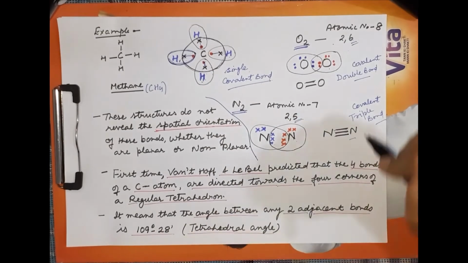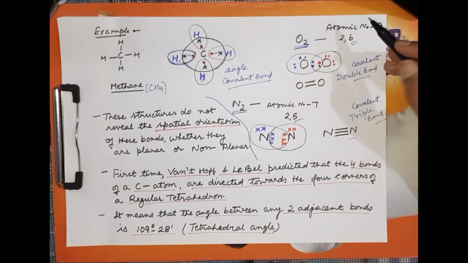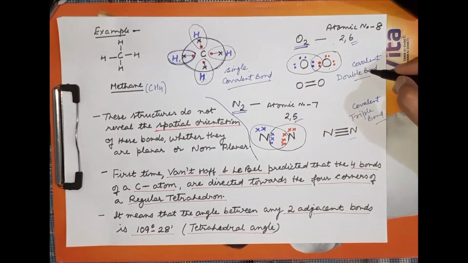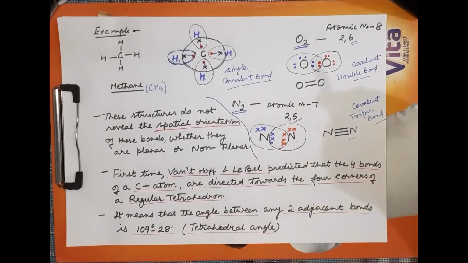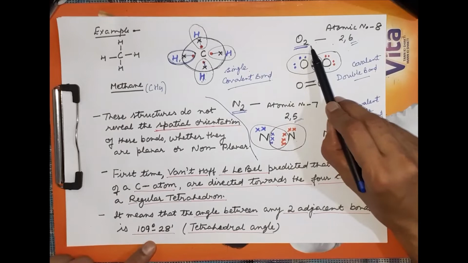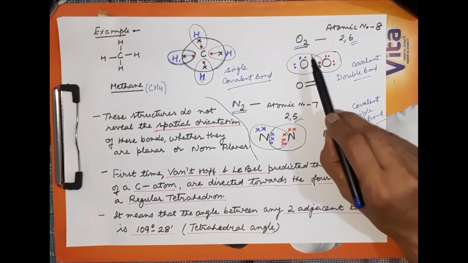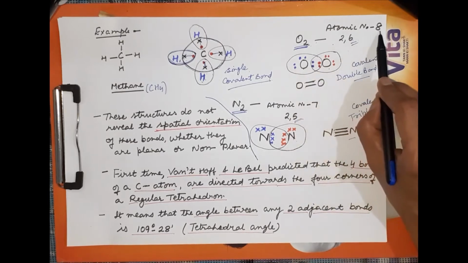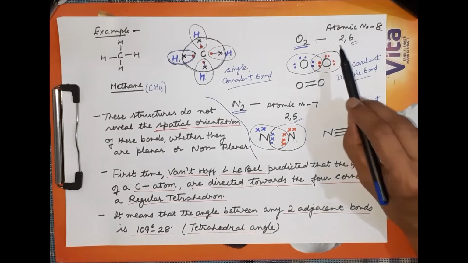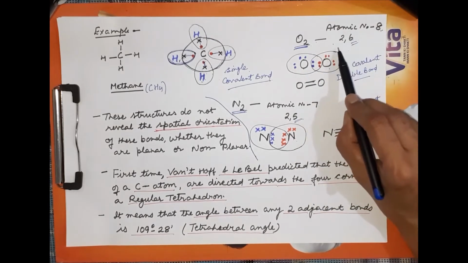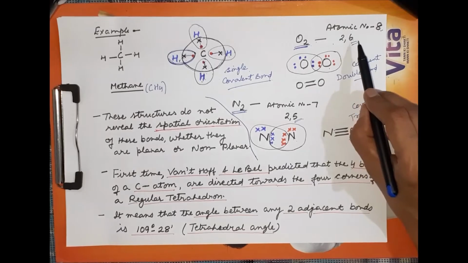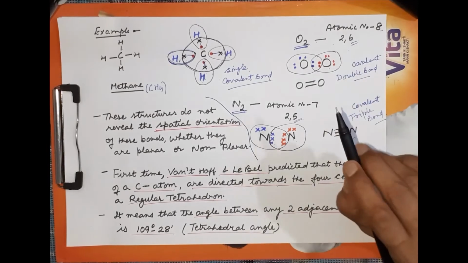We can understand with the help of the examples of oxygen and nitrogen about the double covalent and the triple covalent bond also. Here I have taken oxygen. We know oxygen atom has the atomic number 8 and its electronic configuration is 2, 6. The outermost shell has 6 electrons.